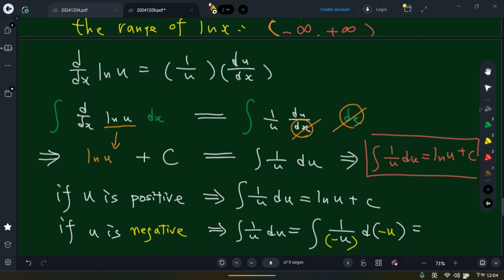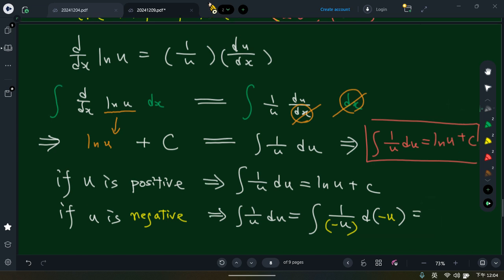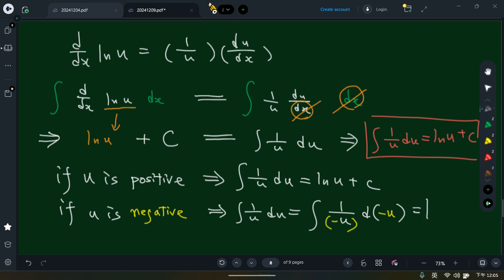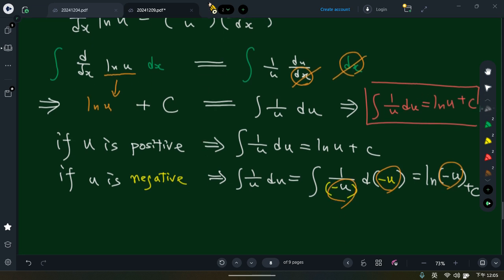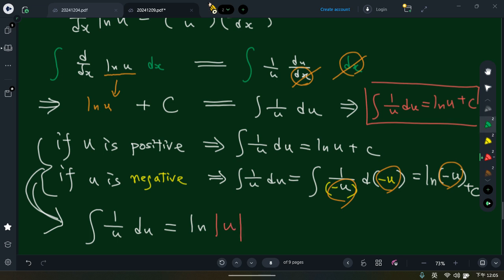But after we change it, the result will be ln negative u plus c. So finally, based on these two facts, we can get integral 1 over u du is equal to ln, taking the absolute value of u, plus c.